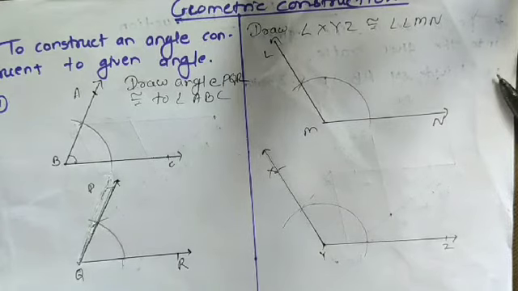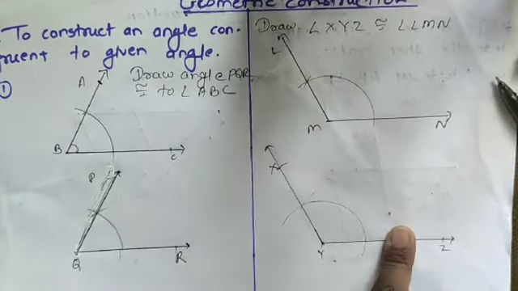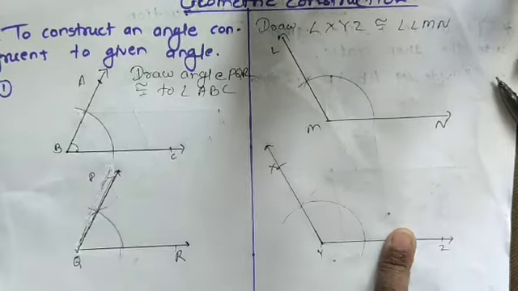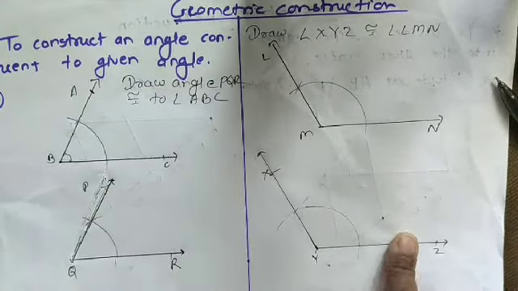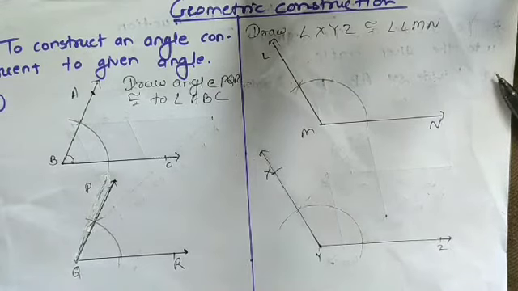So today we will stop here only. All of you do the practice of it, and then we will take the next, the main part of our lesson: construction of triangles of different measures we will see. So today we will stop here only. Okay, thank you.